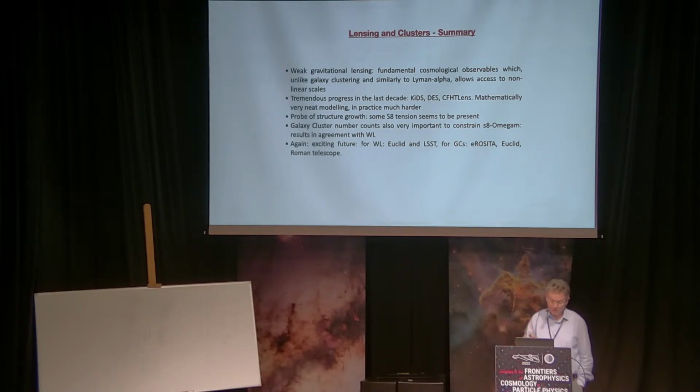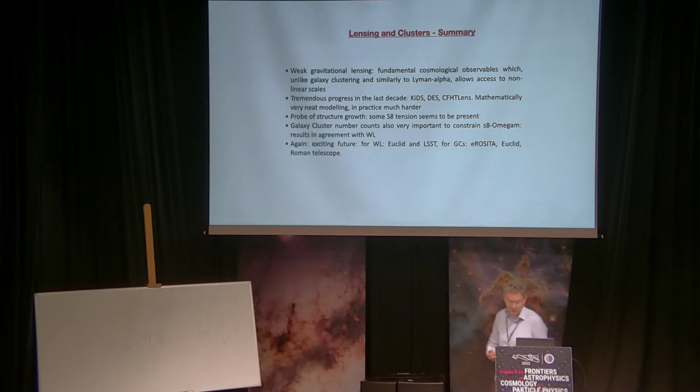And so I believe there are, of course, gray areas in which some results are a bit contrived, a bit difficult to interpret, but nevertheless it is another test of structure formation at a different epoch of the universe. Some sigma 8 tension seems to be present, especially when considering the KiDS weak lensing dataset. Also, I showed you that there was a little bit of tension with the Lyman alpha forest, and the future, again, hopefully, is bright.